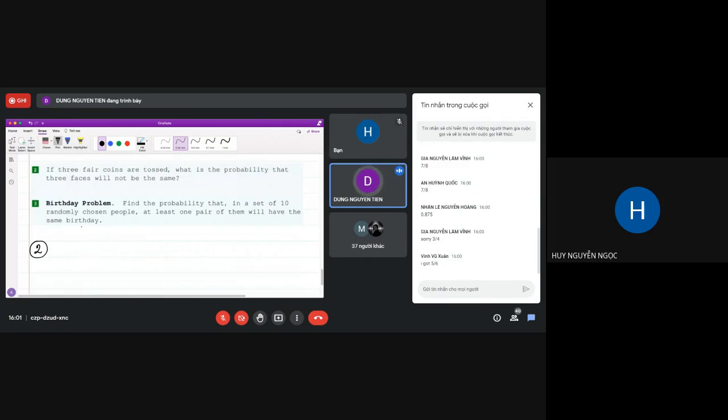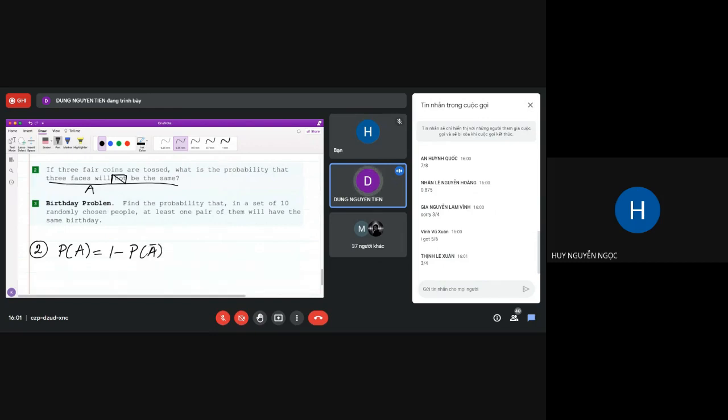Suppose that A is the event that three faces will not be the same. Then you want to find the probability of A, and because of the word not, I would use the complement for that.